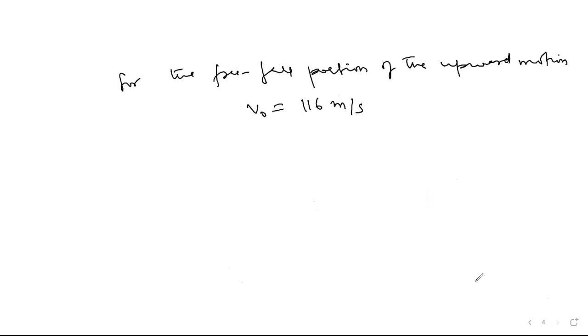Then we will make use of the equation v square is equal to v naught square minus 2g times y minus y naught, right?